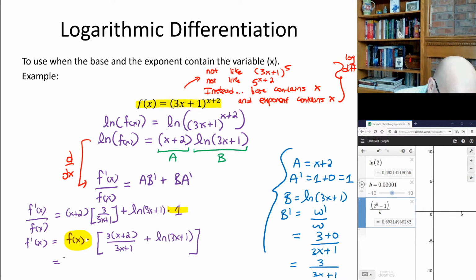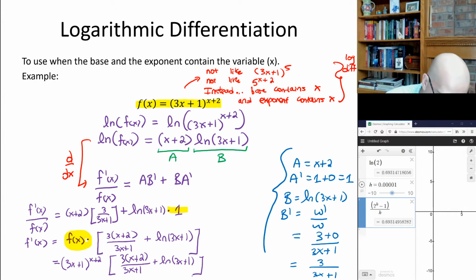So f of x is 3x plus 1 to the power of x plus 2. And then the rest of this, I'll just copy it out. No change necessary. 3 times x plus 2 over 3x plus 1 plus the ln of 3x plus 1. Okay, and that's our final answer.